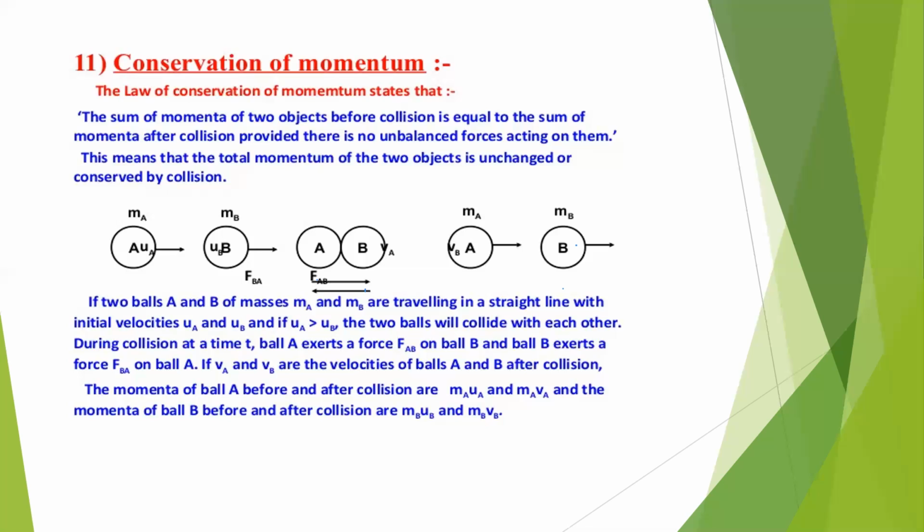Similarly, for body B, before collision it is MBUB, and after collision it is MBVB. For body A, I have taken initial momentum and final momentum. Similarly, for body B, I have taken initial momentum and final momentum.